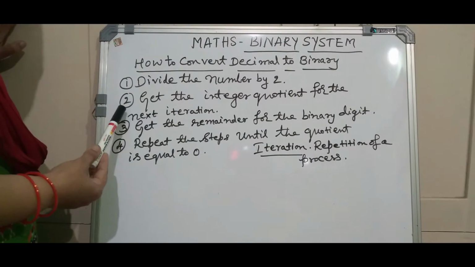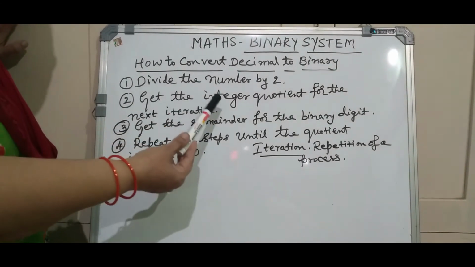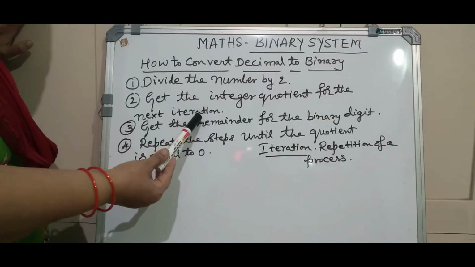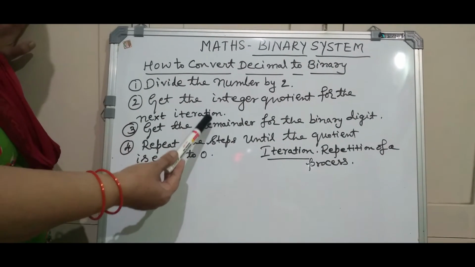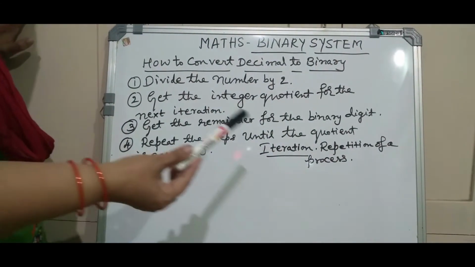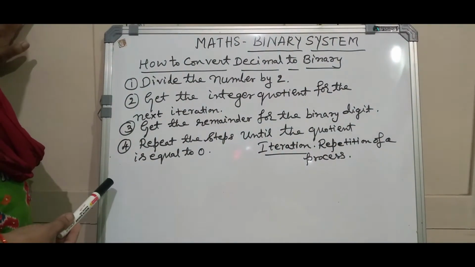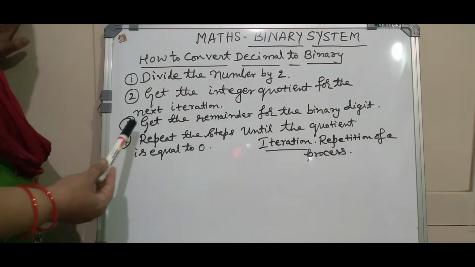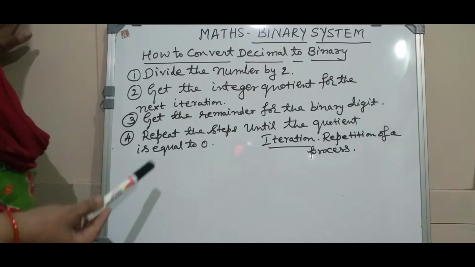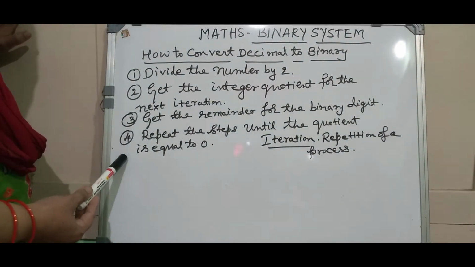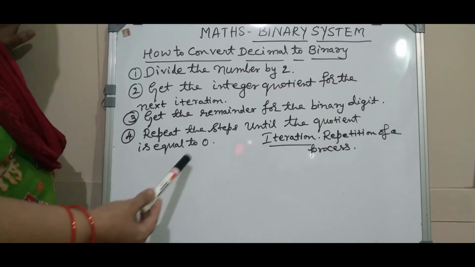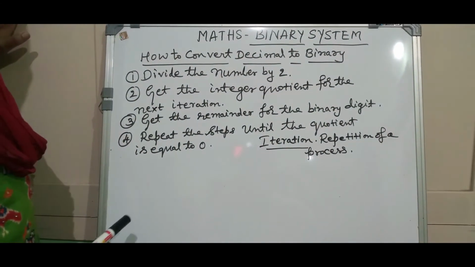And then second point is get the integer quotient for the next iteration. Iteration is nothing but the repetition of a process. Here I have written the meaning also, you can see. Then the third point is get the remainder for the binary digit. And then fourth point you should remember is repeat the steps until the quotient is equal to 0.